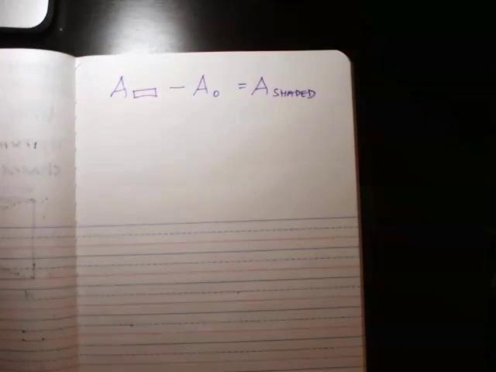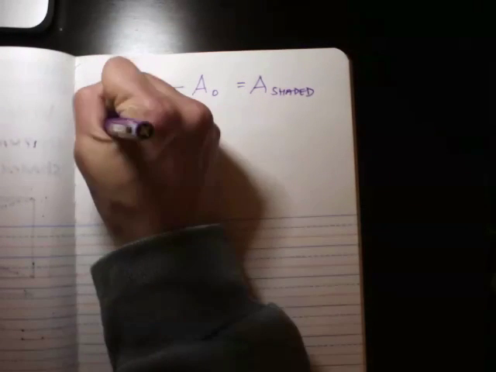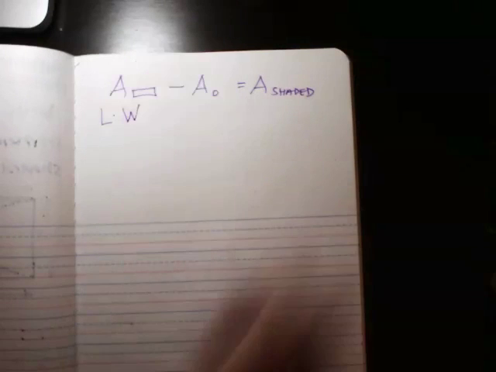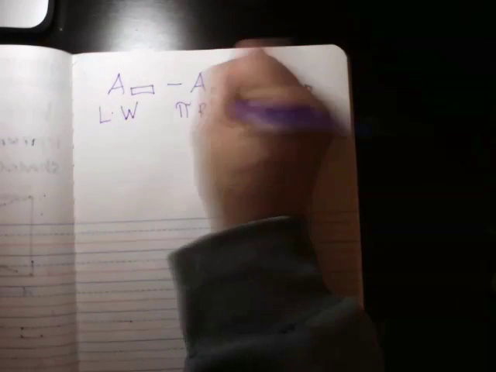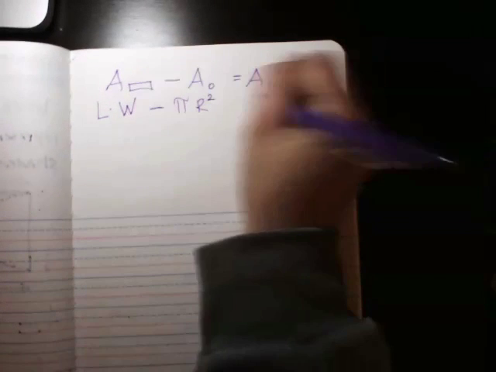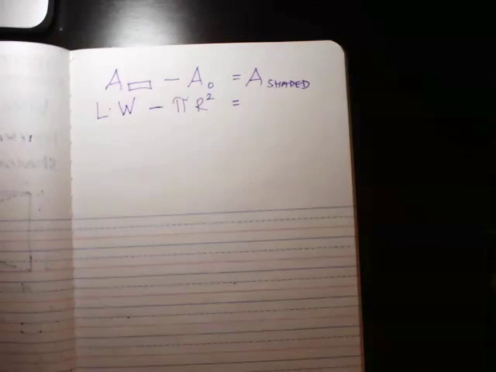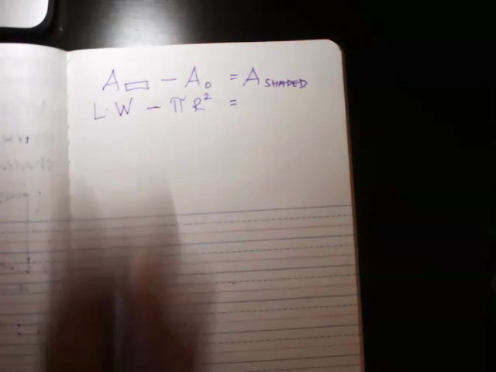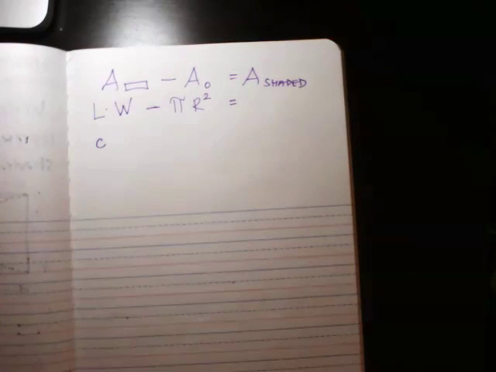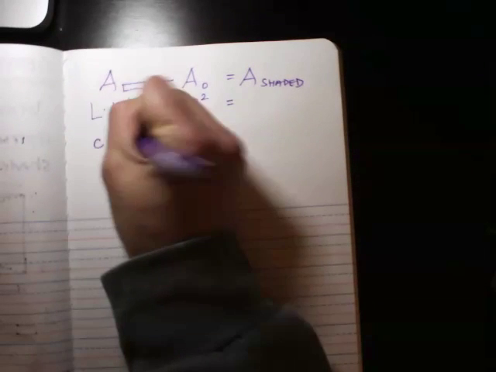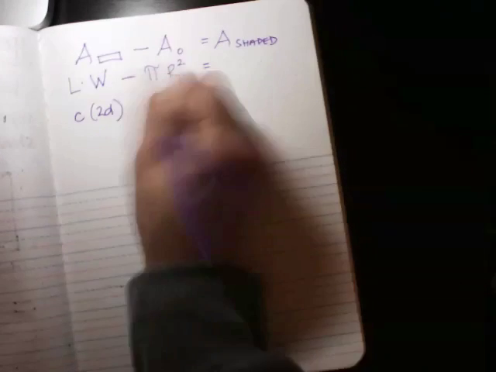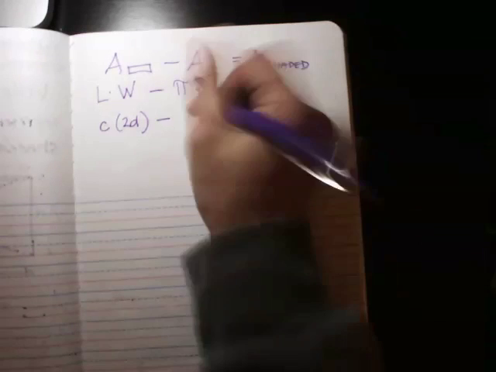Okay, area of a rectangle, length times width. Area of a circle is pi r squared. Equals our shaded region. Well, the length we said was c. The width we said is 2d, and we're going to subtract pi.